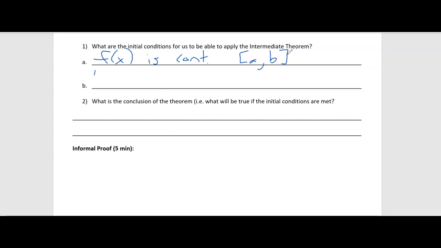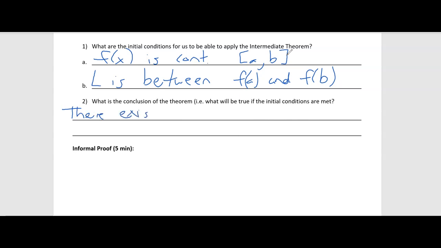Second thing is that L is between f of a and f of b. Okay, L is not between a and b, it's between the two y values, because L itself is a y value. So if those two things are true, then the conclusion of the theorem says there exists.